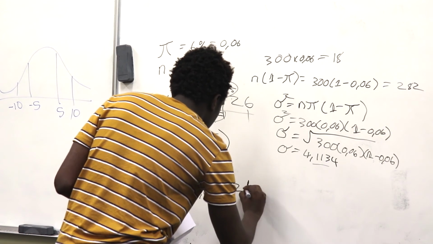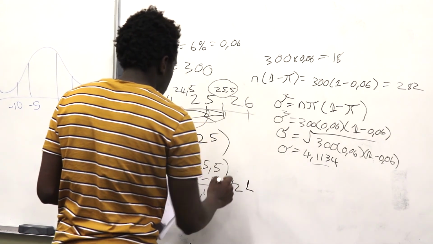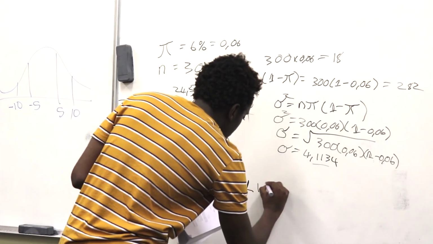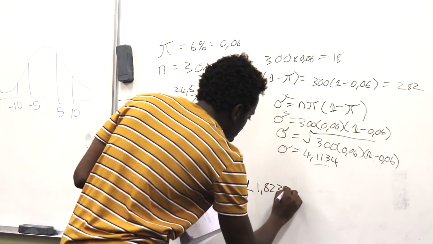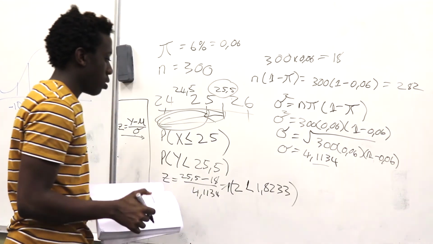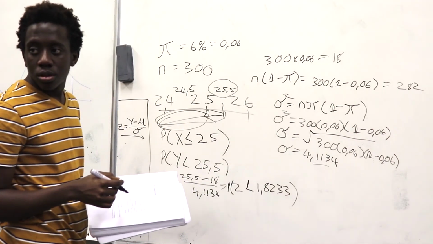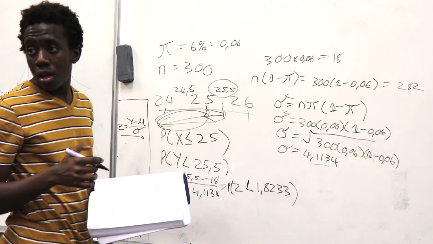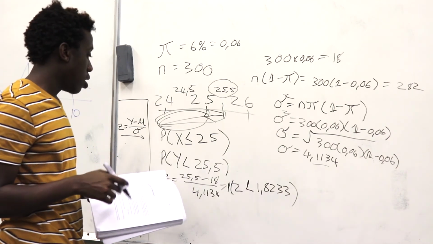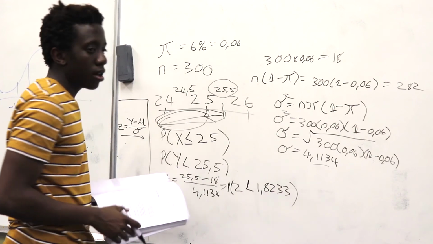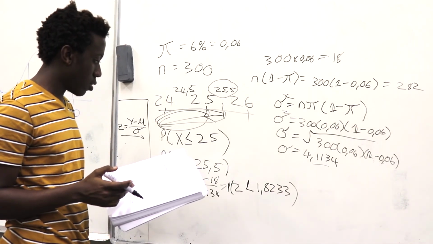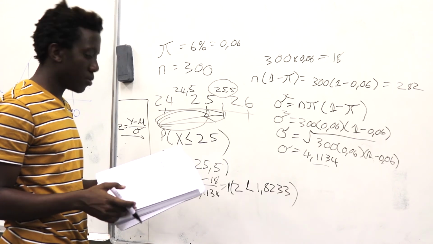Then we know that z is less than 1.8233. Our z value works with less than, so it's not really necessary for us to do much about that.